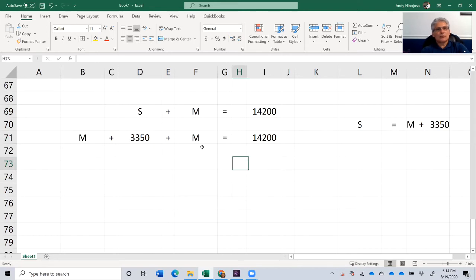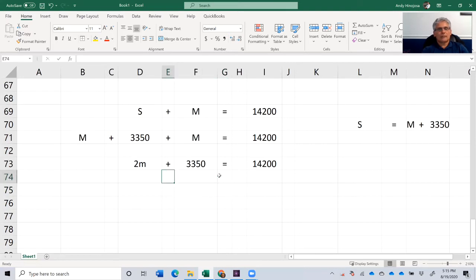So now we can look to combine like terms. Because these are all additions, it'll be relatively easy. There's an M here, and then there's an M here. So M plus M is 2M, plus 3,350 is equal to 14,200.